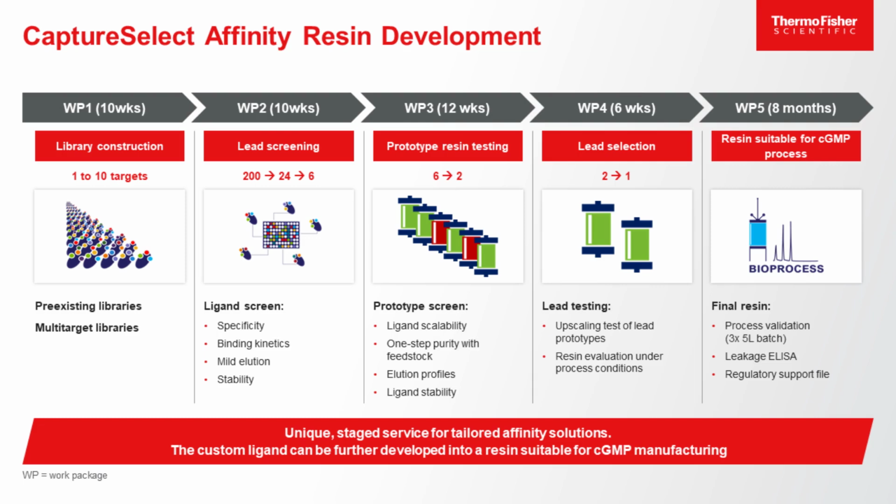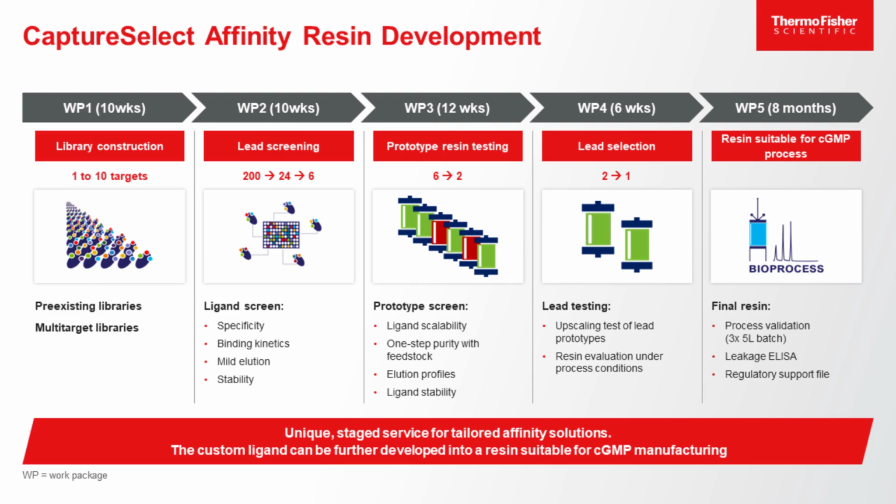So we're going to immobilize the ligand onto a resin, and we're going to build the prototypes and do the actual screening of those prototypes. In this step as well, we'll take into account ligand scalability to ensure that we can finally seamlessly upscale the product. We're going to check whether it indeed fulfills the criteria of the one-step purification, and we're going to check the elution profiles as well as ligand stability.